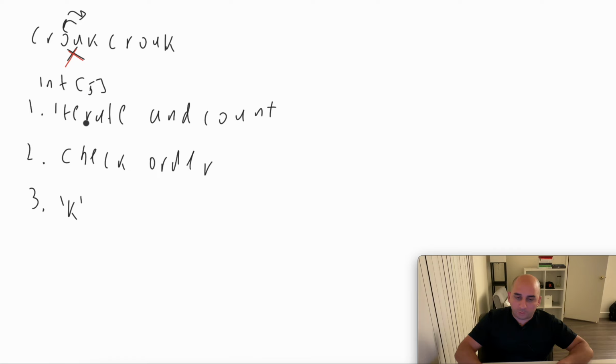For example, while we are iterating over our string, we are counting, which means that we are incrementing the values for C, R, O, A, and K, right? Once we see K, it means that one frog, exactly one frog actually, stopped croaking. So in that case, we are decrementing the value here.